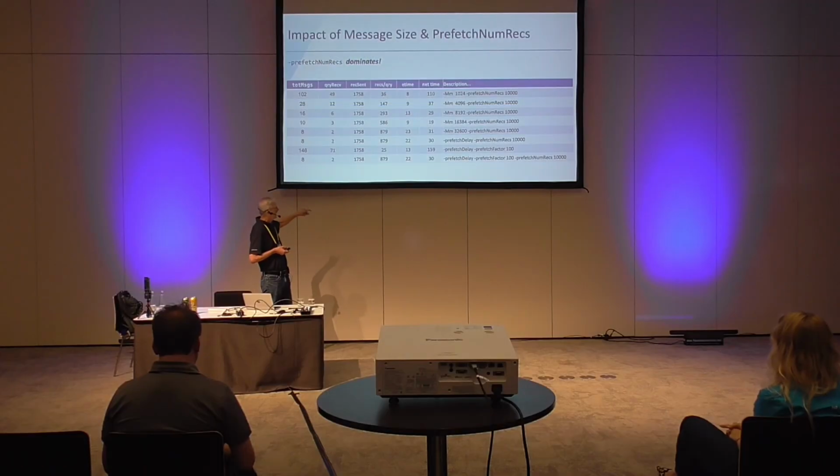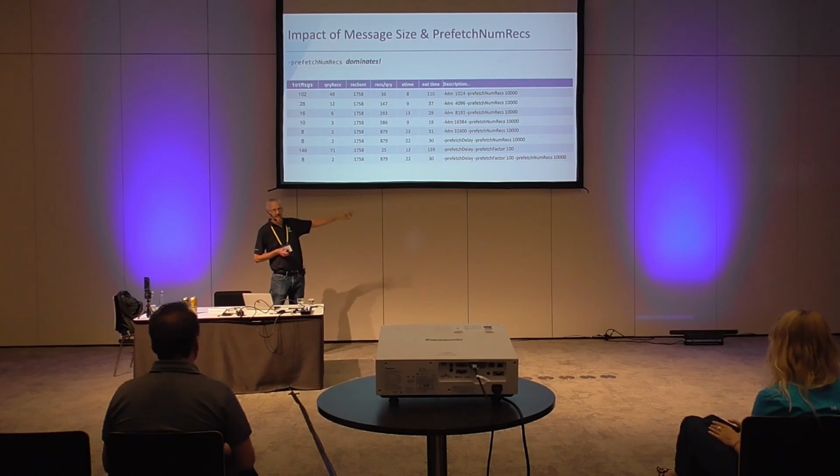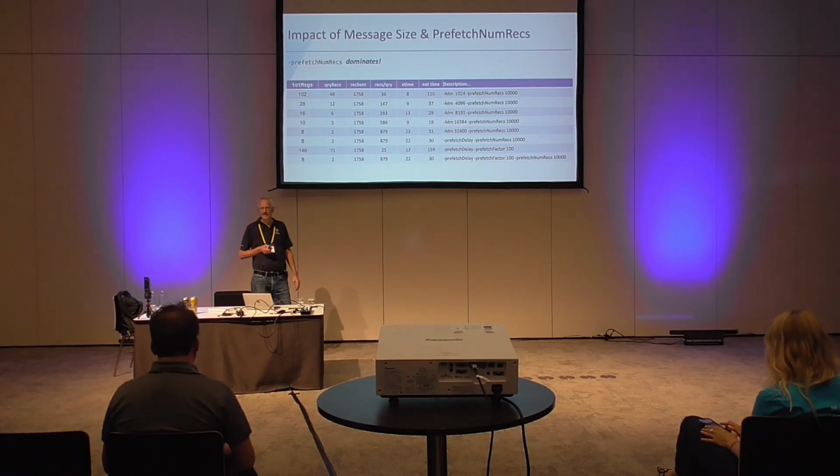But still, at the end of the day, the combination of prefetch delay, prefetch factor 100, and prefetch numrex 10,000 was the clear winner. So cool, you can do that. Those are startup parameters. You didn't have to change any code, and you've already made things a lot faster.